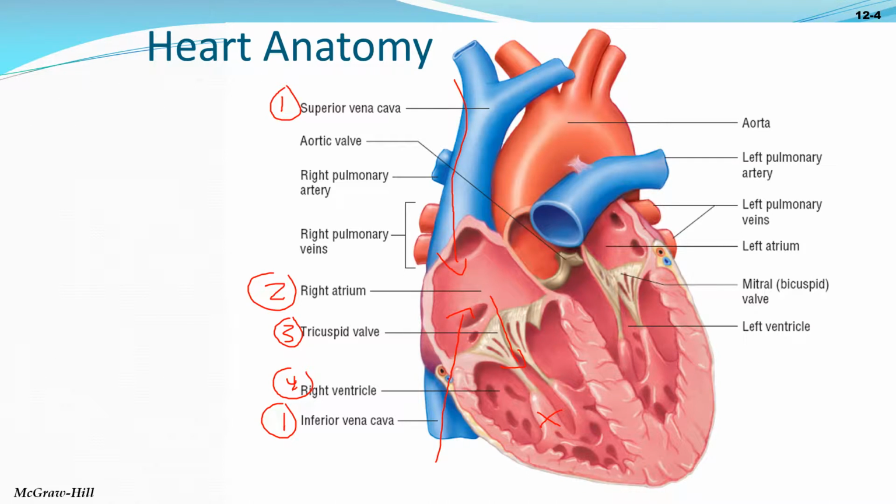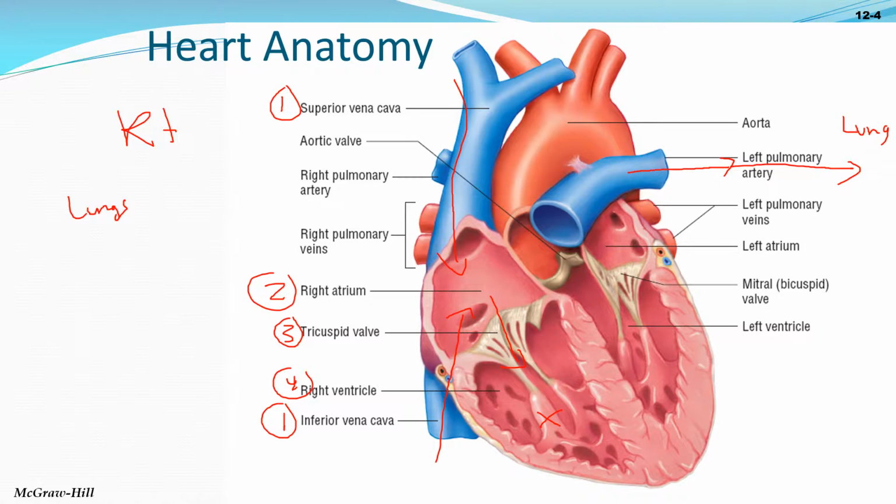Where does the right ventricle pump to? The right side of the heart pumps to the lungs, right? So away from the heart is the pulmonary artery, right? Because it's going away. However, there's not oxygen.